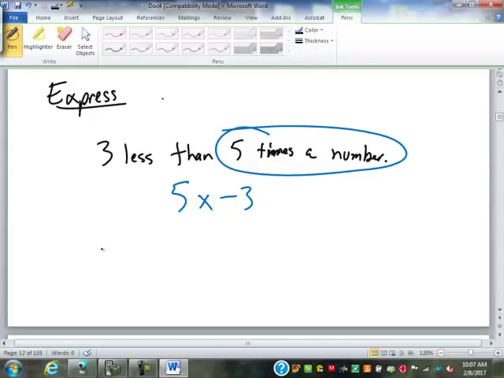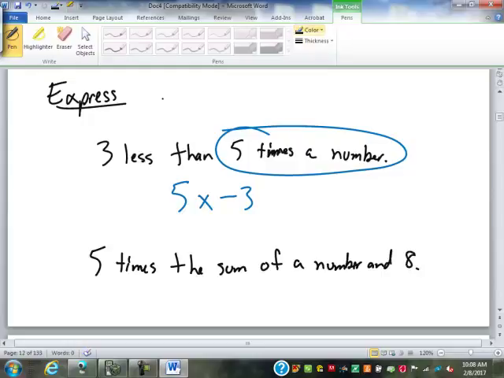We might have 5 times the sum of a number and 8. No, it's not 5x plus 8. I'm going to tell you that right now.